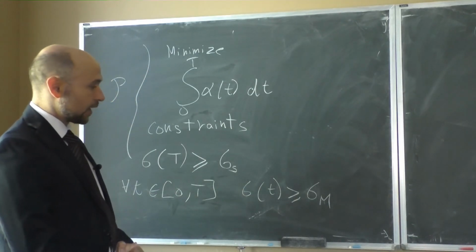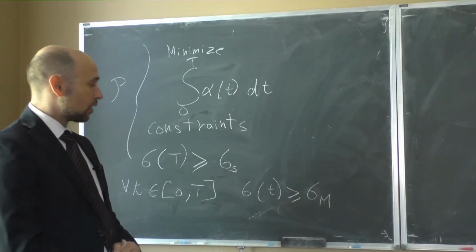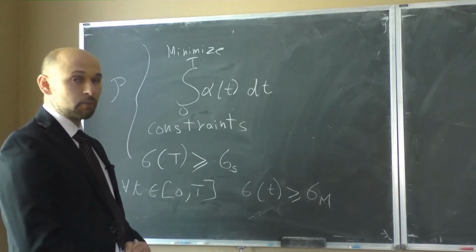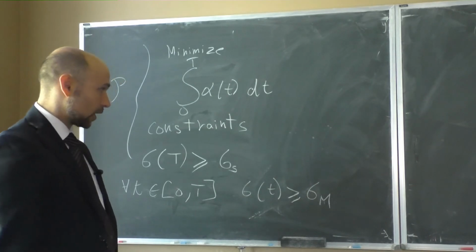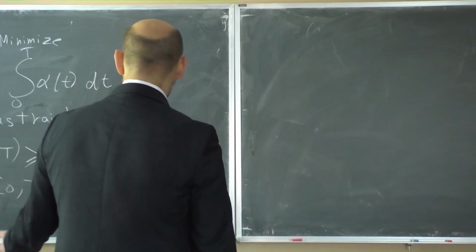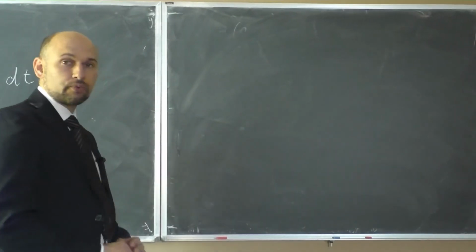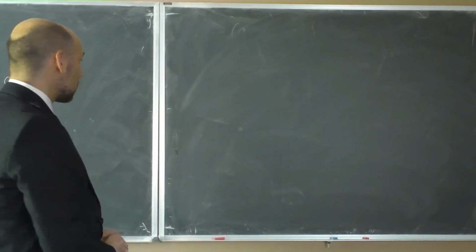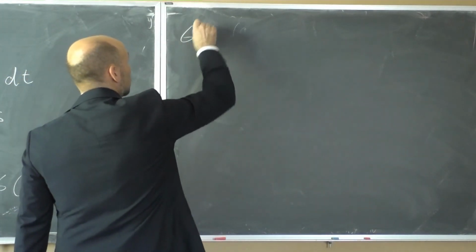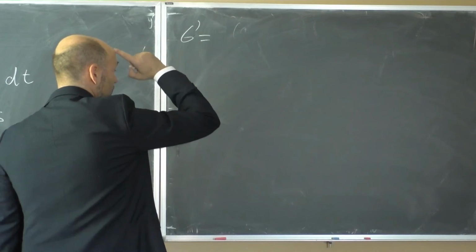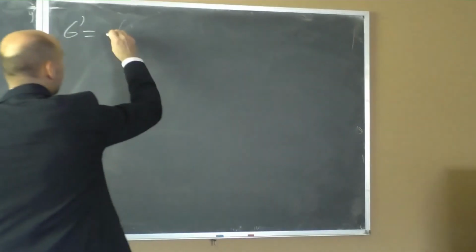So sigma M refers to the maximum level of anger acceptable. All right. So now how the proof works. Let us recall that the sigma is solution of this simple ODE.